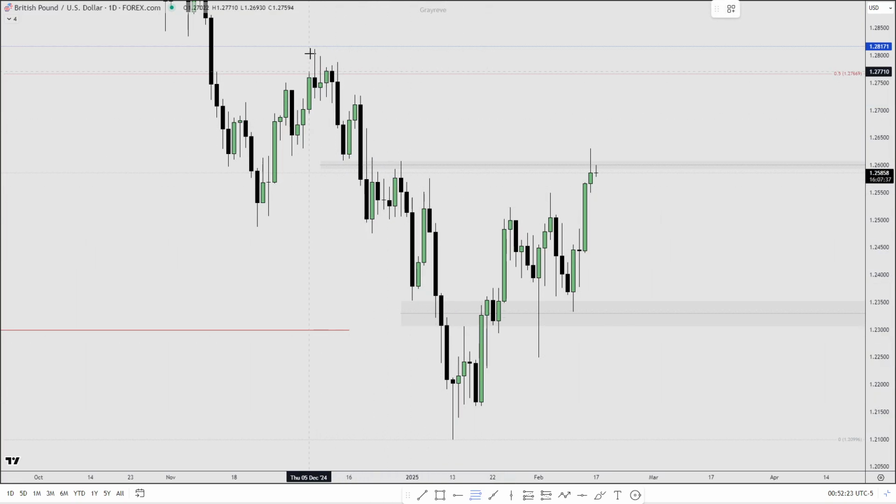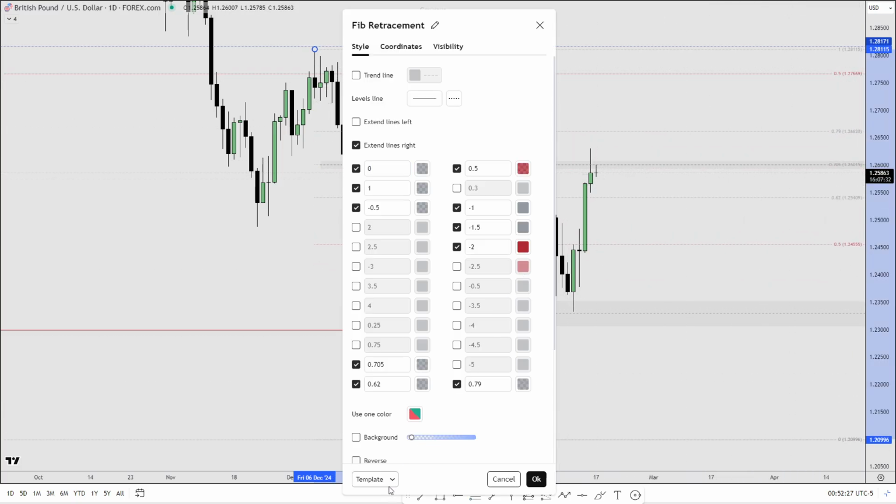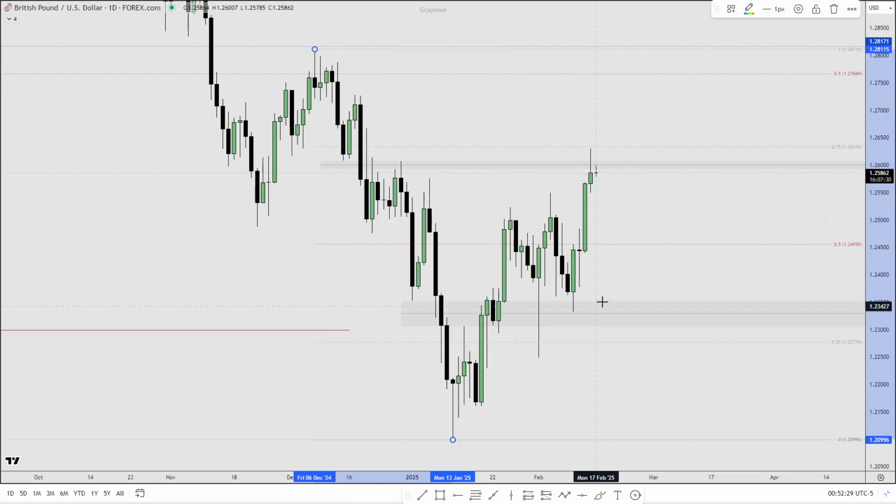So we use the fibs, we mark to find out what is the premium and discount. And where are we? We are in premium. When it is a market maker buy model and price is in premium and has already offered discount on the way up, do not expect price to come back down into the discount range. All it needs to do is to offer the discount within the premium.